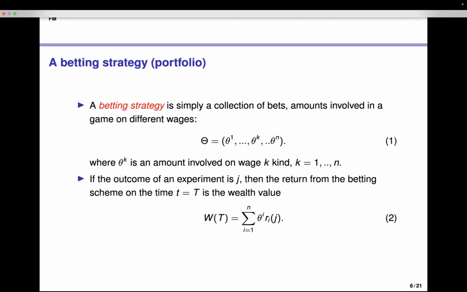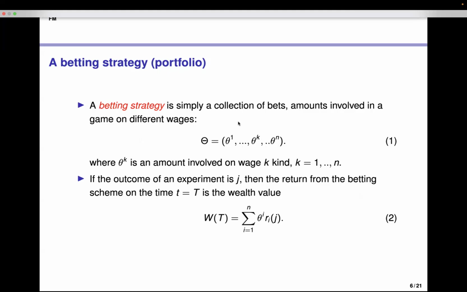Okay. And now about a betting strategy. A betting strategy is like a portfolio. A betting strategy is simply a collection of bets. It is like the amount involved in the game on different wagers.